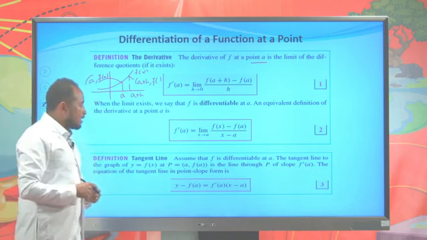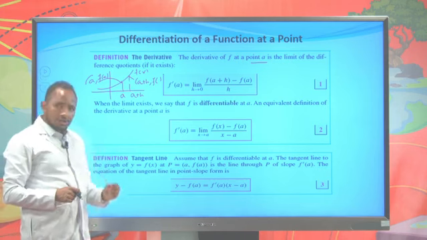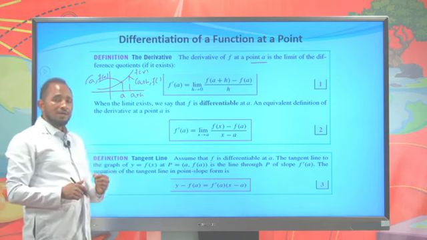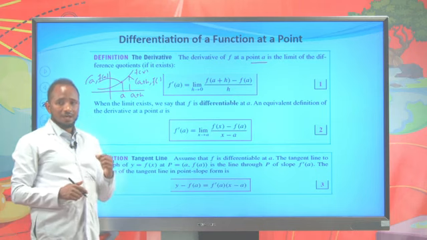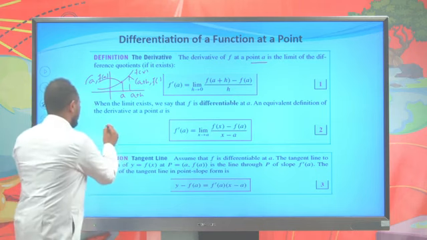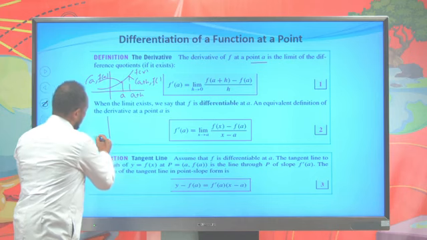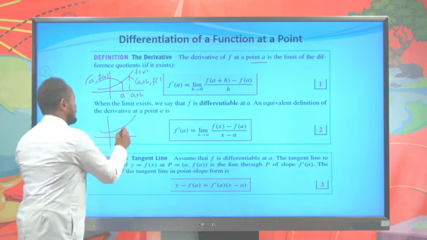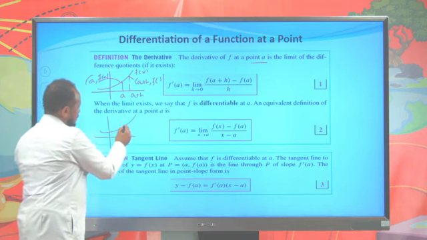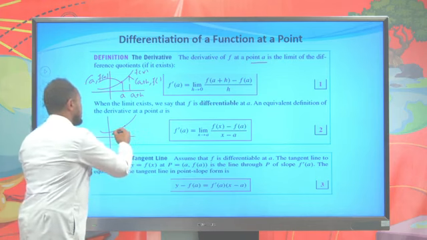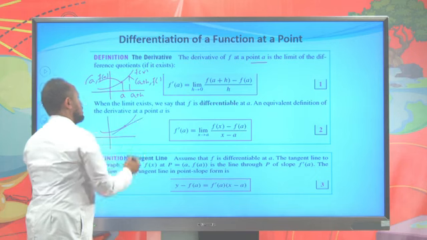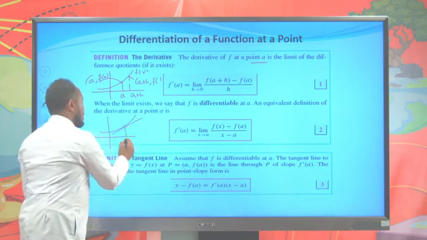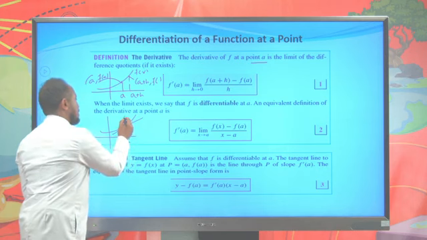This is the formula to evaluate the derivative of a given function at a point. And the derivative of a function at a point means it is the slope of the tangent line at that point. This means, look, if we have this graph, the derivative of this function at this point is the slope of this tangent line. Let's take this point to be a and this function to be f.